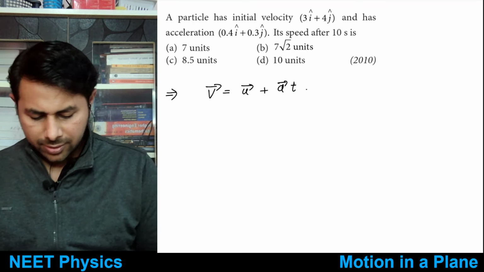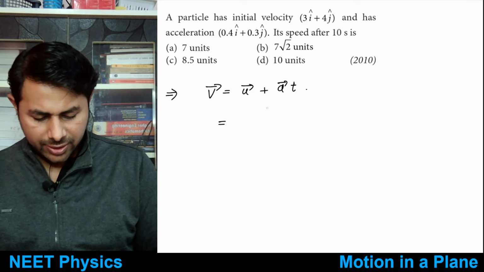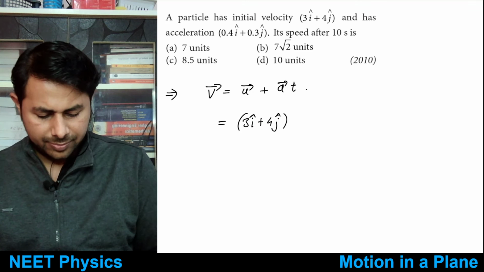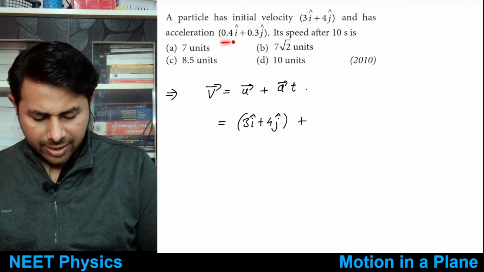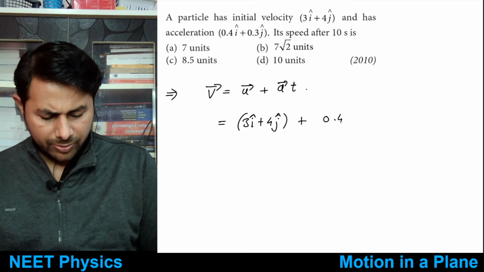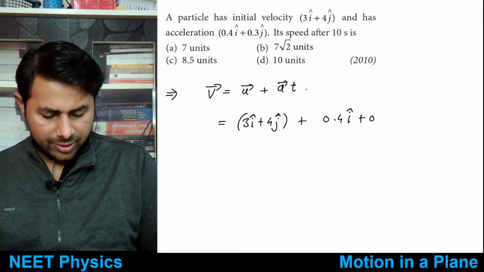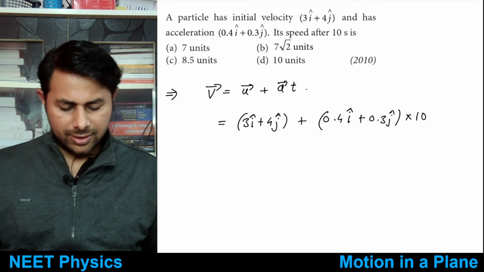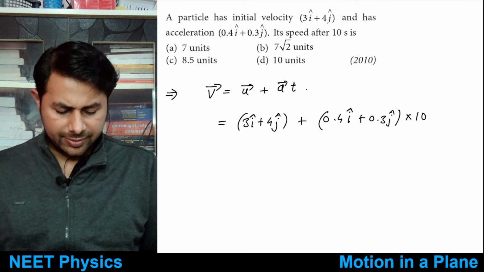So what is initial velocity? It is 3 i cap plus 4 j cap, plus what is a bar? This is the a bar. Okay, so 0.4 i cap plus 0.3 j cap, and the time is 10 seconds.